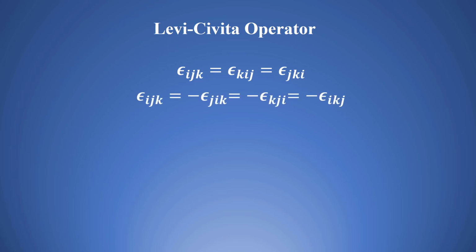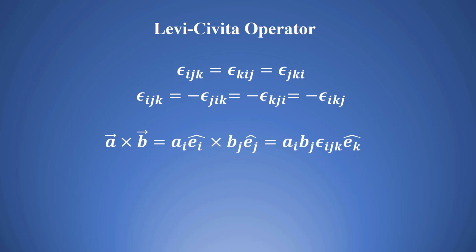Now it's time to write the cross product in index notation. We can know that A cross B is equal to Ai Ei cross Bj Ej, which is equal to Ai Bj Ei cross Ej, which is equal to Ai Bj epsilon ijk ek, from the definition of the cross product with the Levi-Civita.